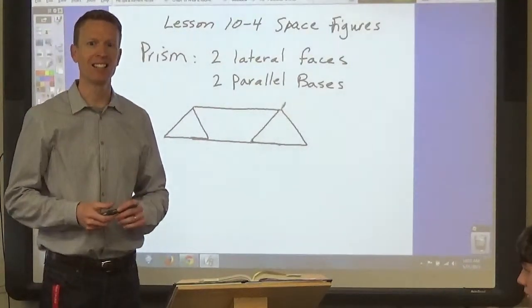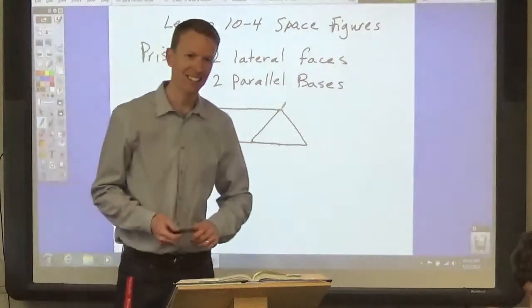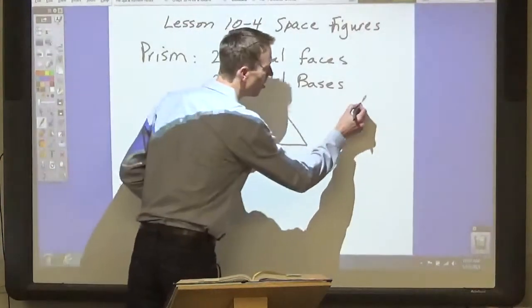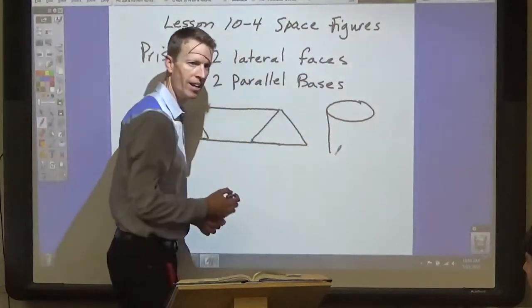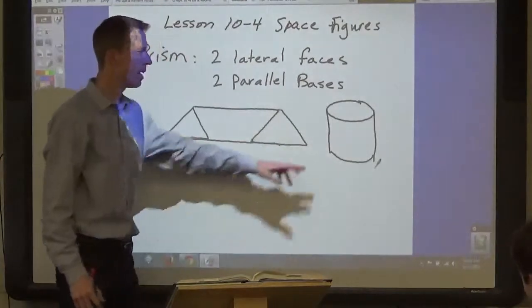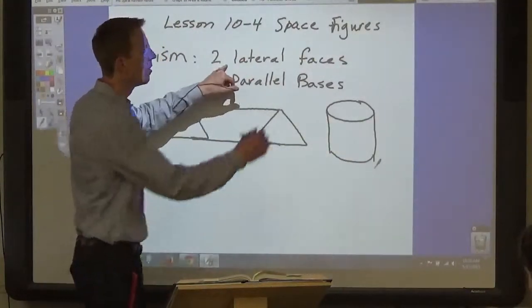If it's an octagon, it's an octagonal prism, not octangular. If it is a circle, there's a specific name for this one. A cylinder. Yep. So, how do you name them?